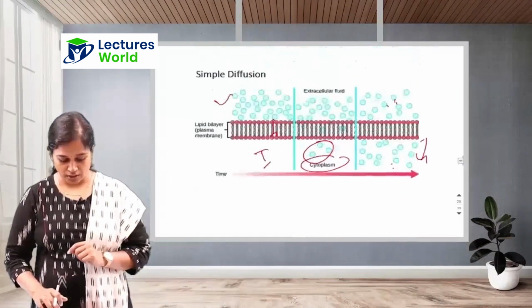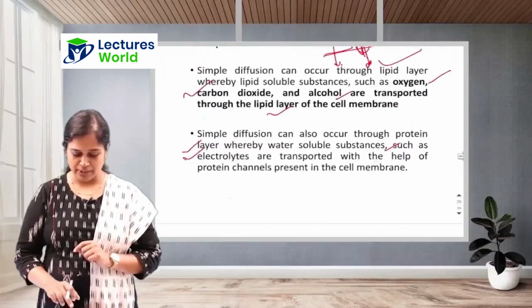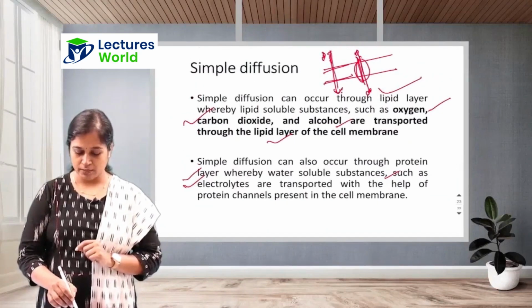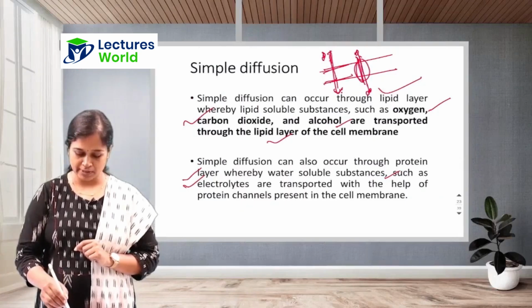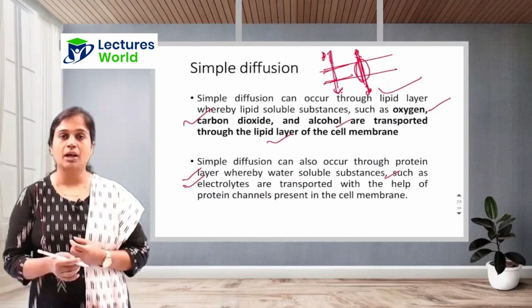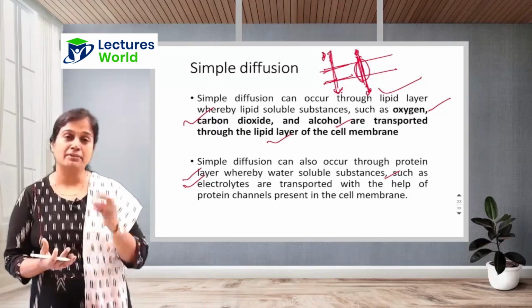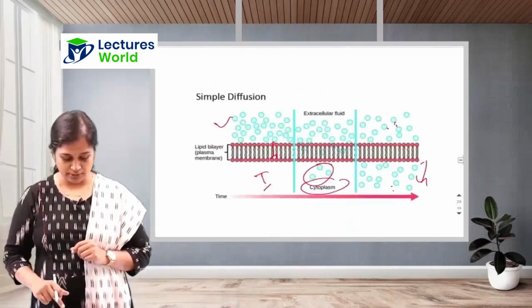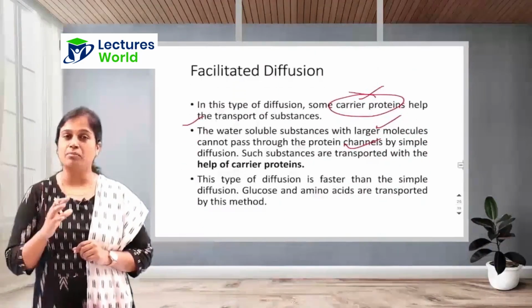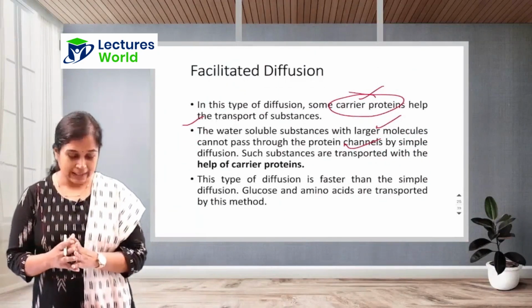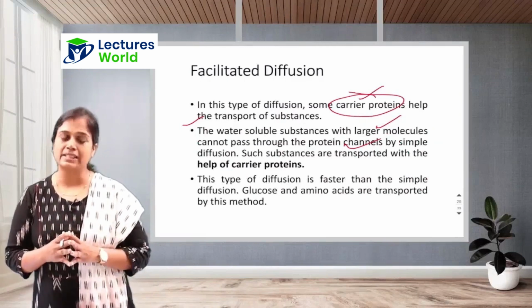In simple diffusion, molecules can come directly through the lipid bilayer, or water soluble molecules can come through the protein channel if they are very small in size. But water soluble molecules which are large in size need a carrier protein, and that's why it is called facilitated diffusion.